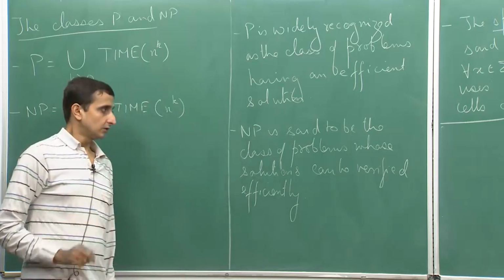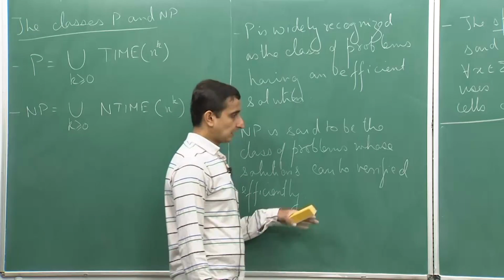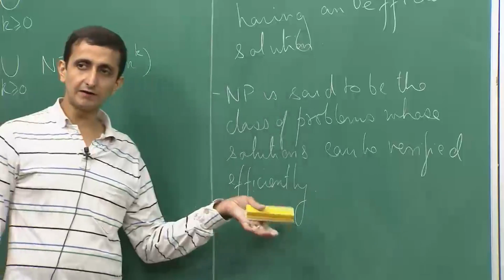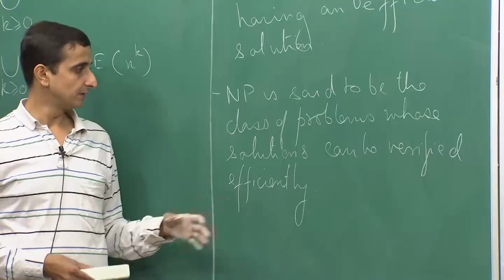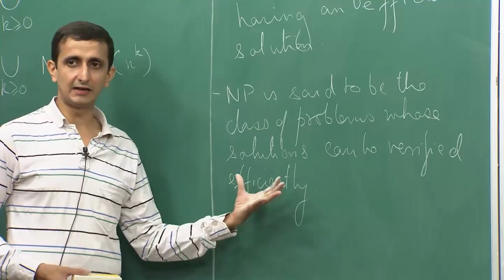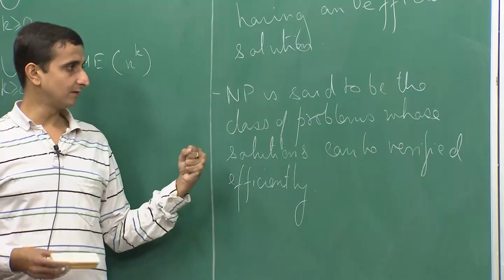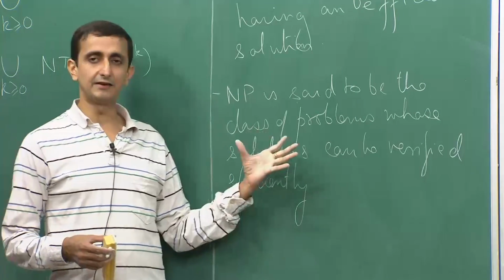Okay. So, actually in our next lecture we will give an alternate definition of NP, which will make this idea more clear, but I just want to give a perspective of what we mean here.